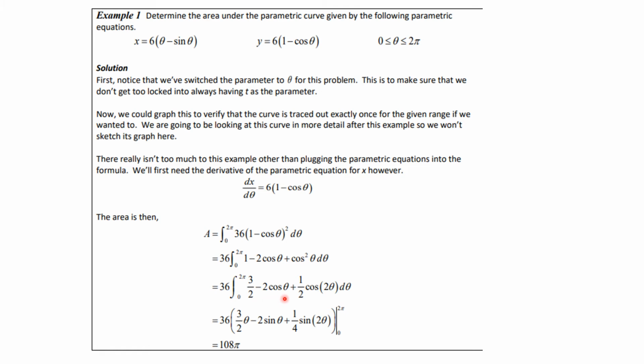The antiderivative of the cosine is the sine, and we change variables. We have to do the 2 theta and theta dance, but we do that and we get this. And then we evaluate this at 2 pi and 0. Now I would expect you to be able to do this pretty much without a calculator, but if we plug those numbers in, and you should check, we get 108 pi.